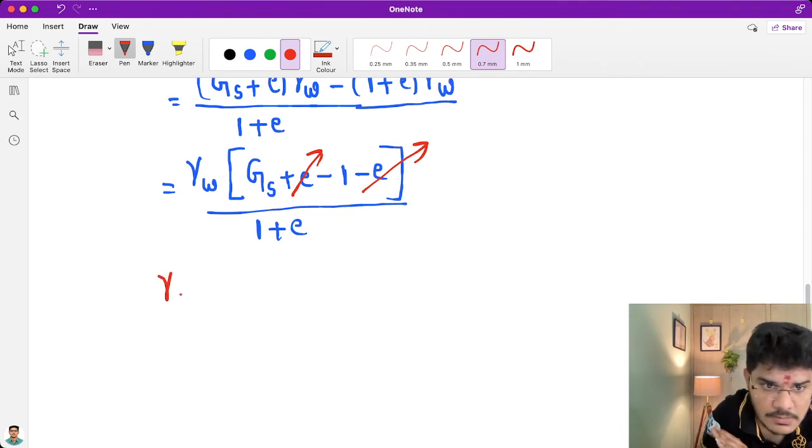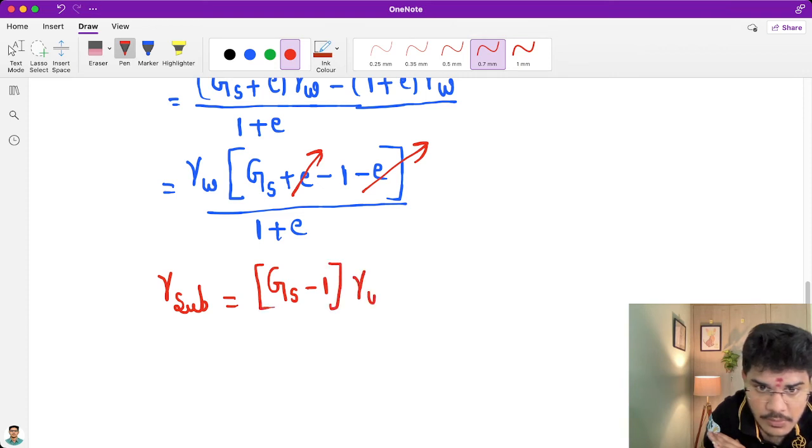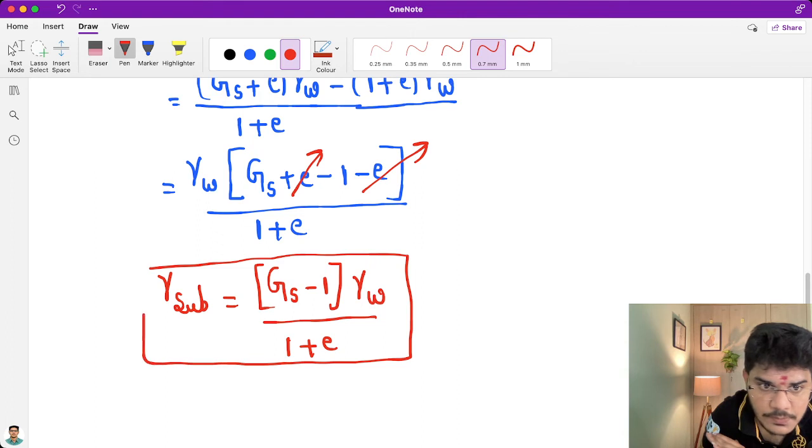So gamma submerged is equal to (G minus 1) gamma W by 1 plus e. So this is the submerged unit weight in terms of specific gravity, unit weight of water and void ratio.